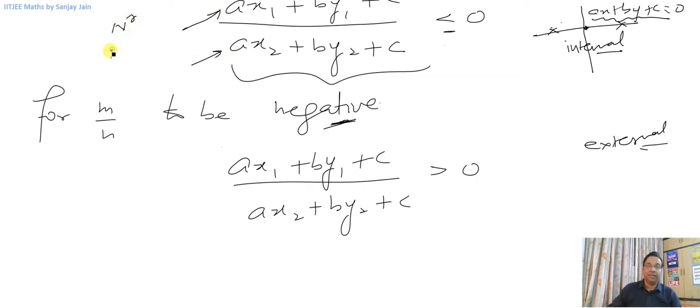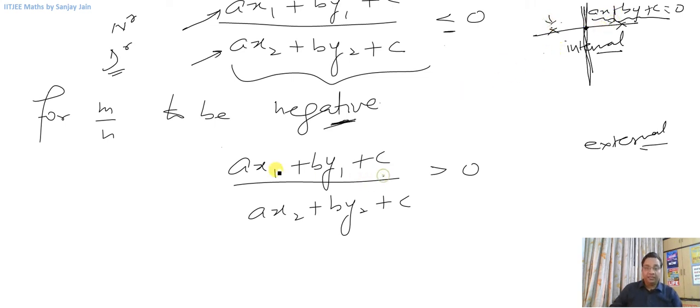Numerator and denominator should have different signs. If one is positive, the other should be negative, and if one is negative, the other should be positive. That means there is internal division. This line divides them internally, so these are on opposite sides of the line, right?